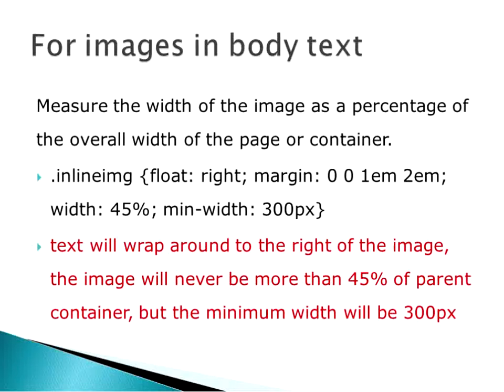In other words, if you want your text to float around the image when the viewport is desktop, for instance, you can set a selector and name it inline IMG and make sure that that image floats right or floats left, and that you have some margins around it. So you want to have ample margin between the text and the border of the image, whether it be on the right or the left.